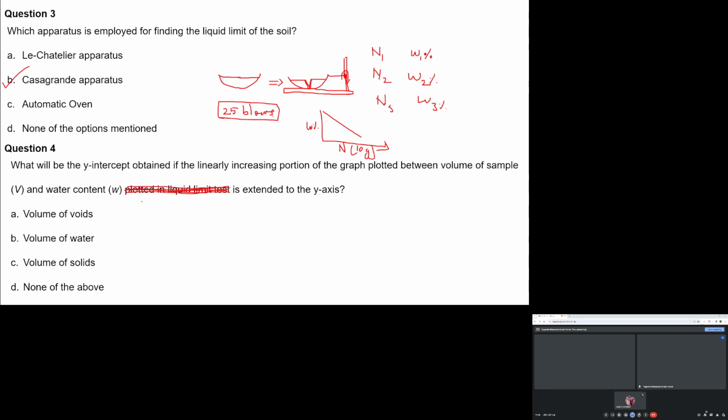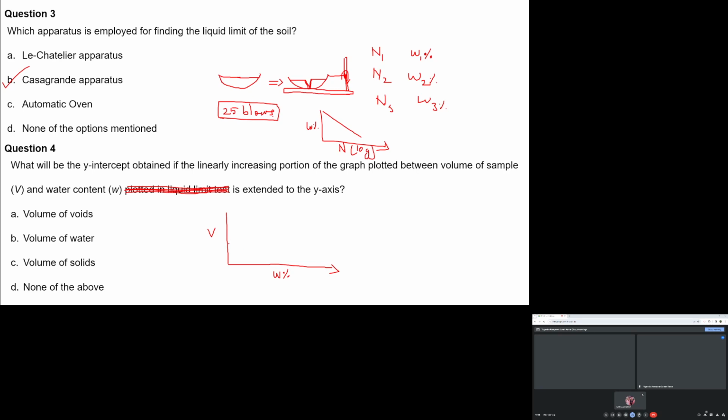Can you say what it is? Are you able to understand the question? No, sir, explain once more. What will be the y-intercept if the linearly increasing portion of the graph plotted between volume of the sample and water content is extended? We are plotting a graph of volume versus water content.